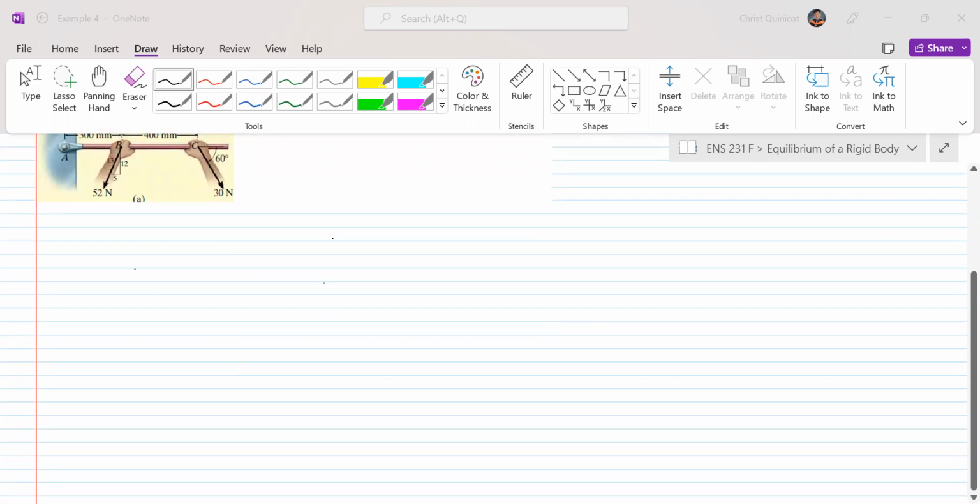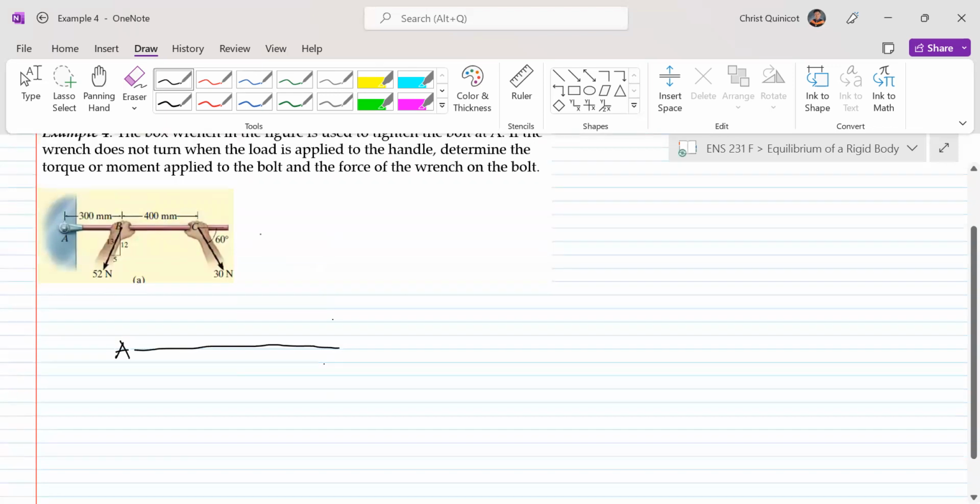So we have our wrench here, and this is A. Now we have, let me use black, at 300 mm from A, 300 mm, we have point B, which is labeled there.